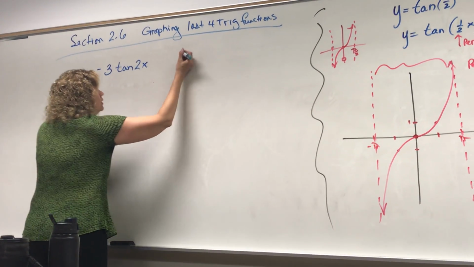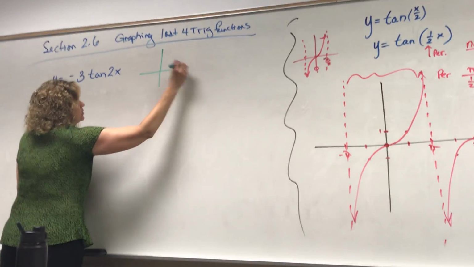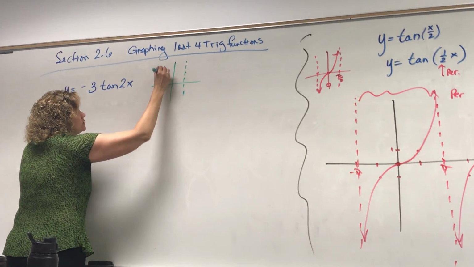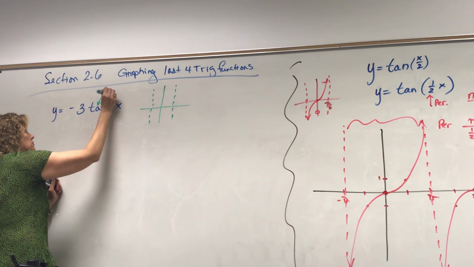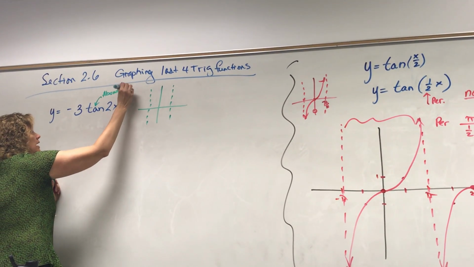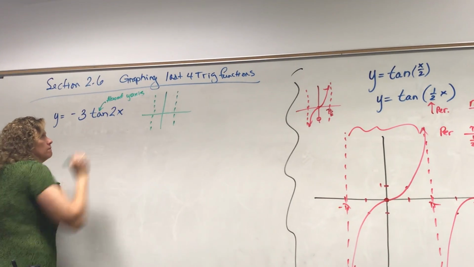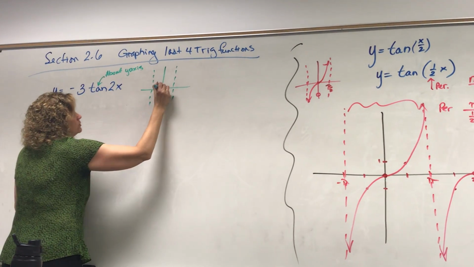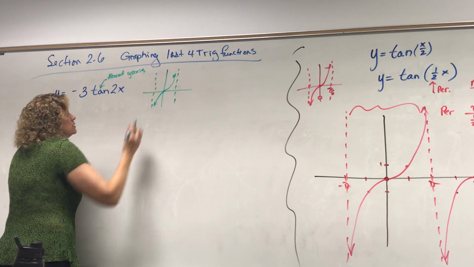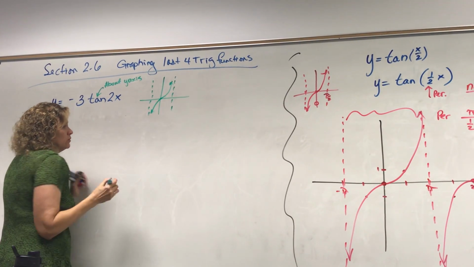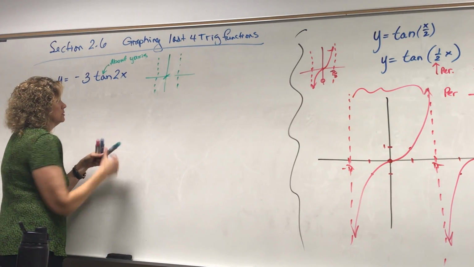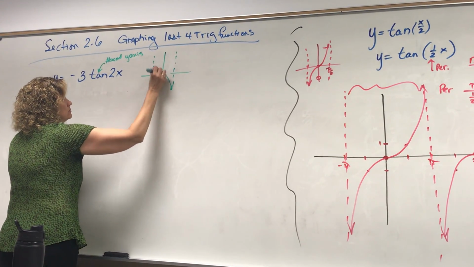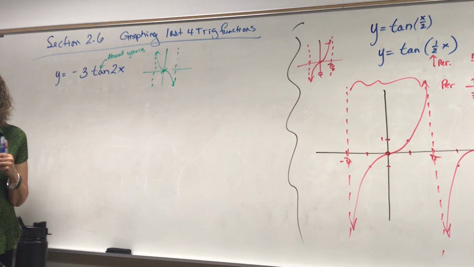So let's write down some pieces of information. We know that our tangent curve, our asymptotes are on either side about the y-axis. We know that a normal tangent is going to do this, but our tangent curve is going to reflect it and do this, because of the negative.